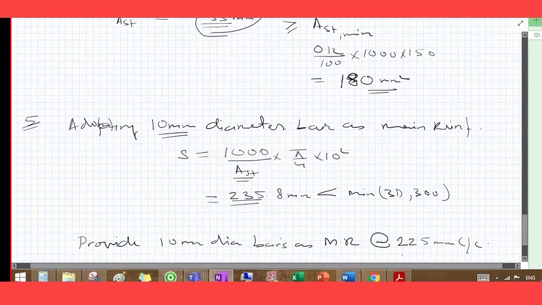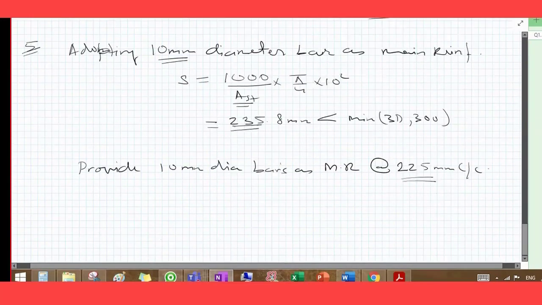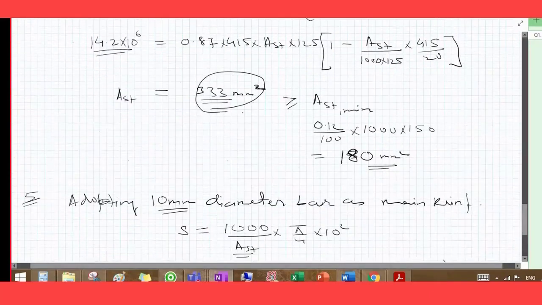There is no harm. But here I have written 225 millimeter center to center. Okay, so you can go with 230. You should not exceed this, because if you exceed it, then this AST of 333 millimeter square is not going to come. You need to make sure whatever steel you provide is more than the steel which you have computed for resisting this 14.2 kNm moment.